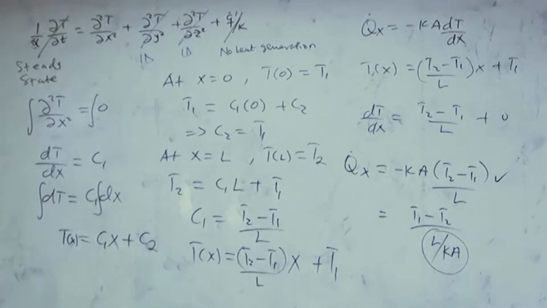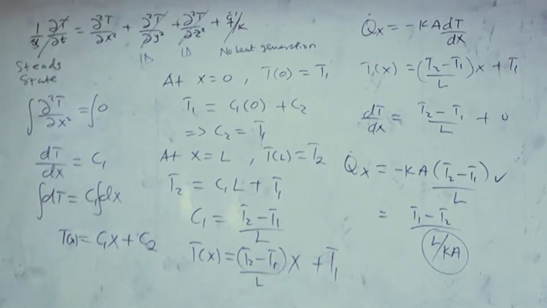And any material whose thermal conductivity remains constant throughout, even when the temperature is changing, is said to be an isotropic material. So isotropic means the property of the material remains invariant with temperature. It means it doesn't change. It remains constant. So if thermal conductivity for the water equals 10, throughout the history of the water, as temperature is increasing, the thermal conductivity remains constant.